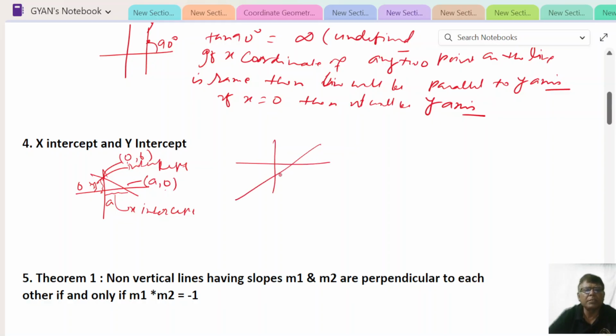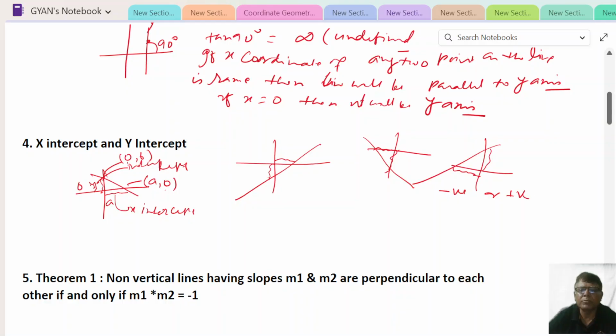Suppose this line is there: this is the x-intercept, this is the y-intercept. Intercepts may be negative or positive.